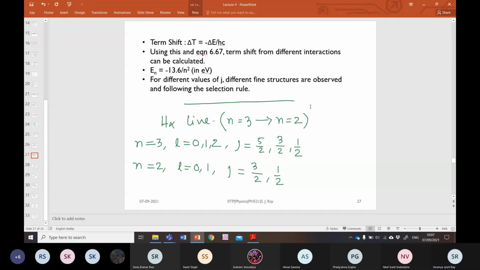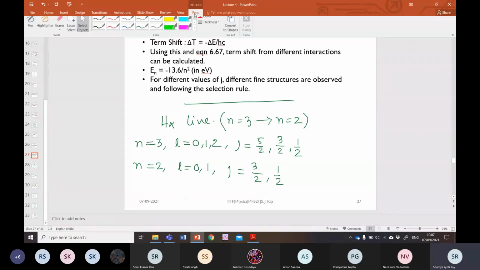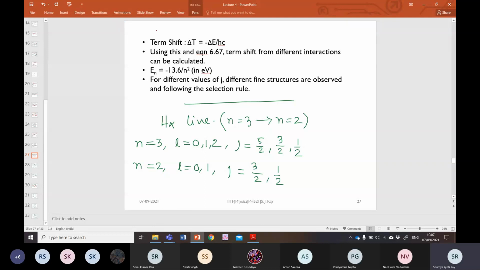So now here we will first look at this quantity which is called term shift. Whenever there is a spectral transition, there will be some energy associated with it. So let's quantify that by this term delta E. If we divide it by h and c, where h is Planck's constant and c is the velocity of light in free space, then we can define this quantity delta T, which is called term shift.